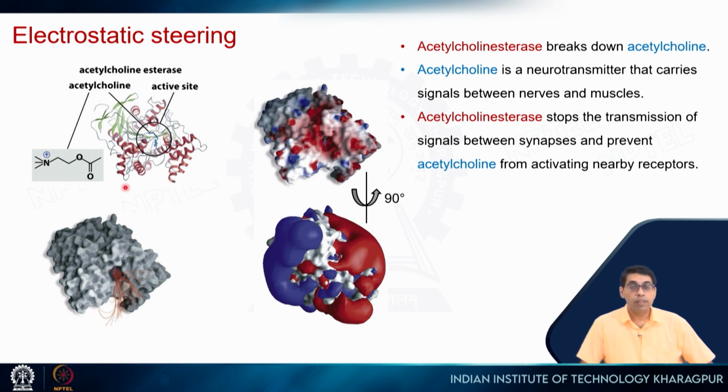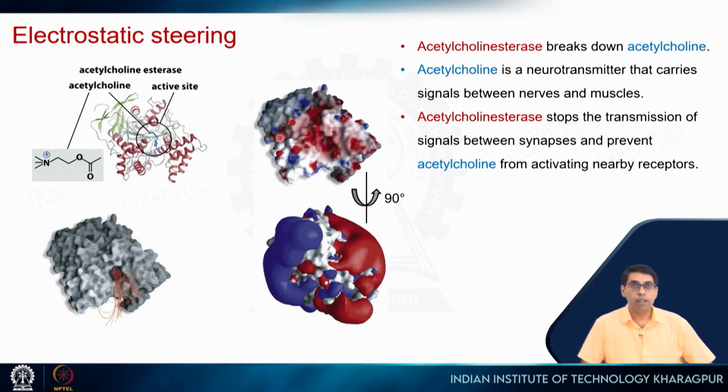Now, because this signal has to be transmitted so fast, and this enzyme also has to work so fast, it uses electrostatic steering to ensure that the substrate binds to the enzyme very fast and in the right orientation. If we look at the protein, you can see several alpha helices and beta strands.